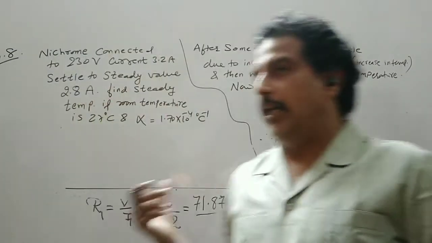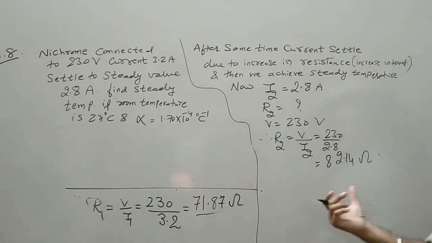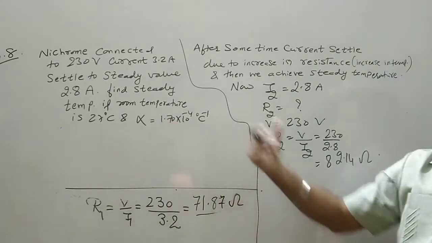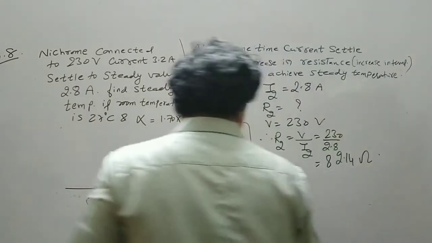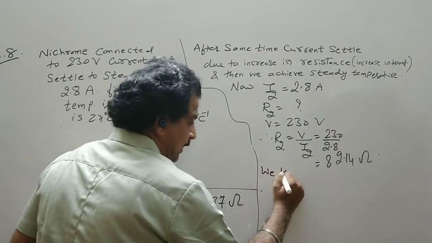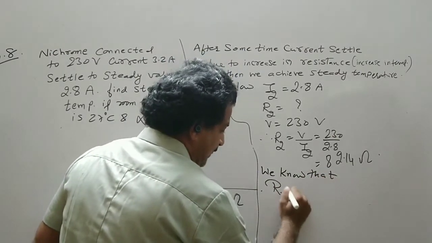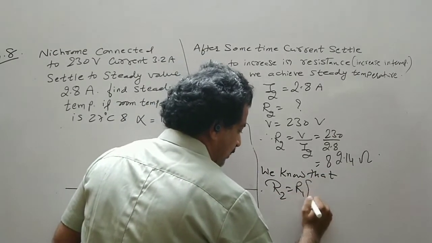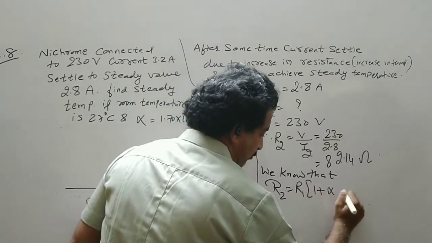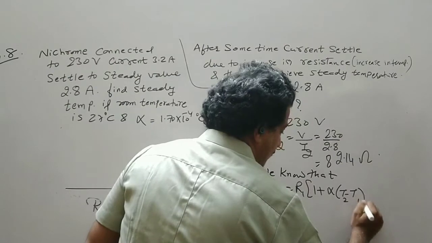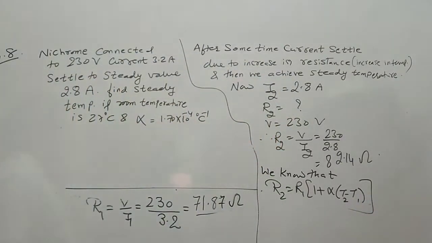So this is the concept of the heating effect of an electric current. Now we have R1, R2, T1 that is 27 degrees centigrade, then you have to find out T2. So we know that R2 is equal to R1 within bracket 1 plus alpha into T2 minus T1. Now see, we simply substitute this value.